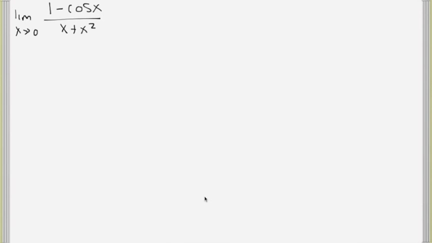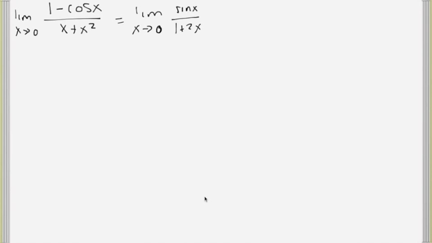So then in the book, their first step of the work says limit as x goes to 0, sine of x over 1 plus 2x. Have they made any mistakes so far? No. Okay.